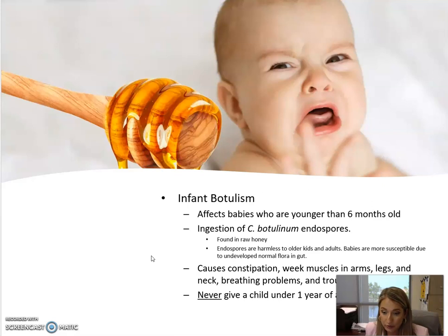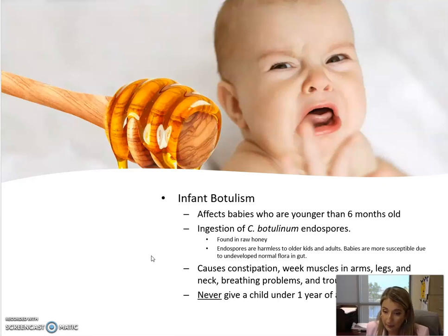This is not true with babies. With children under a year of age, their normal biota in their gastrointestinal system is not fully developed yet. So if Clostridium botulinum endospores got into the gastrointestinal system, there is the potential for them to grow in that region.